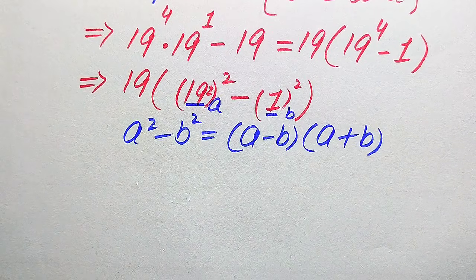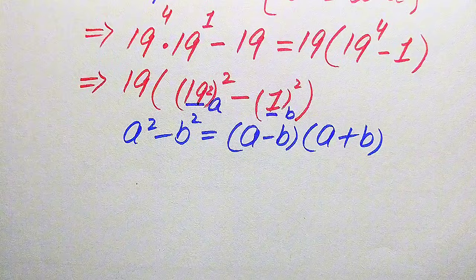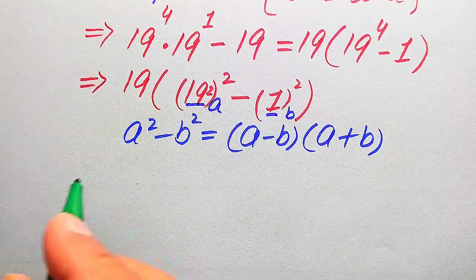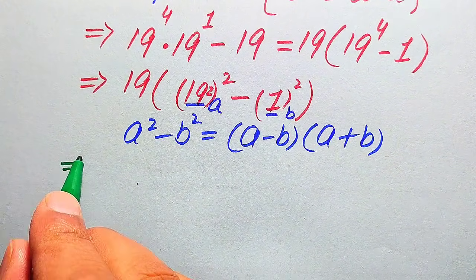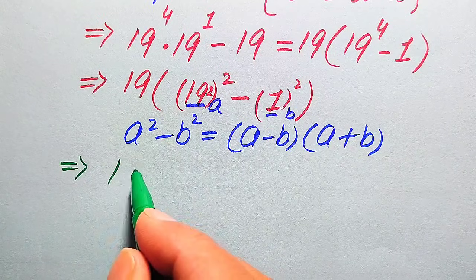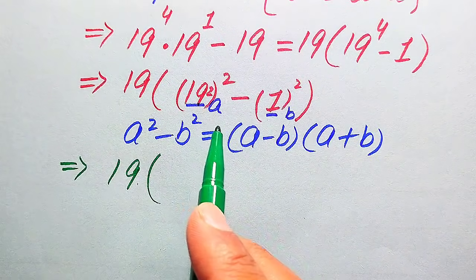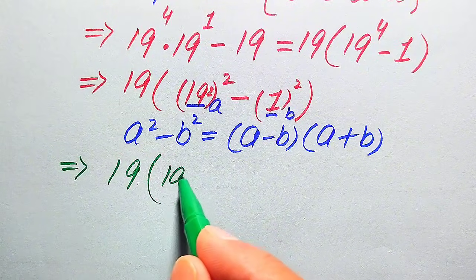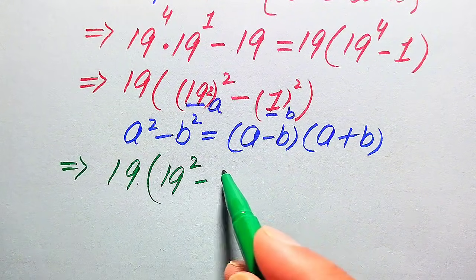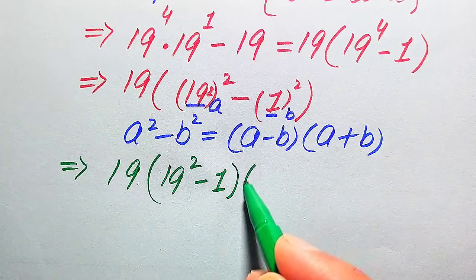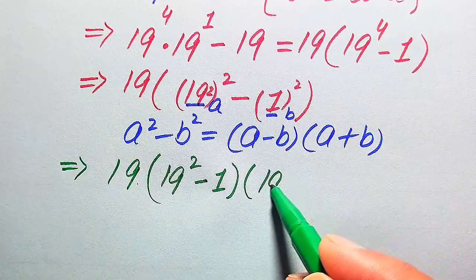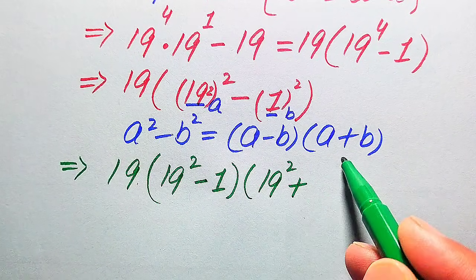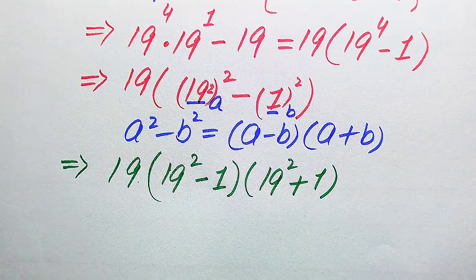So here we just substitute the above values of a and b into the formula. After substituting these two values, it will be written as 19 times, here the first factor is a minus b, where the value of a is 19 square minus the value of b is 1, and in this case we have 19 square plus the value of b is 1.